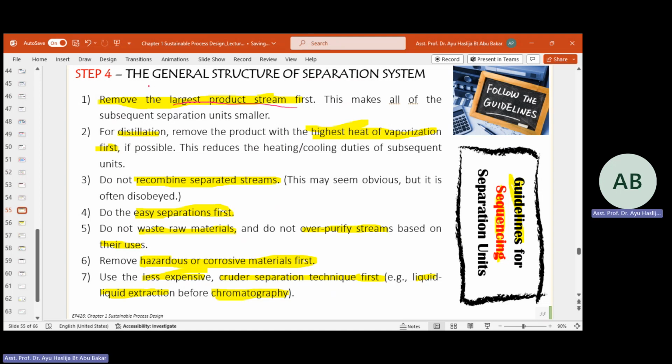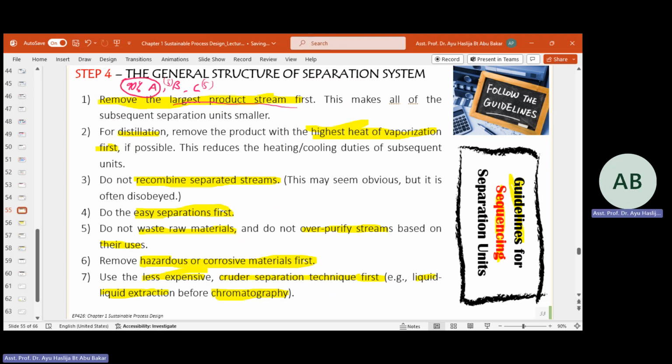Let's say you have your composition A, B, C. A, you have, let's say 90%. B, 5%. C, 5%. Remove the largest product stream first.